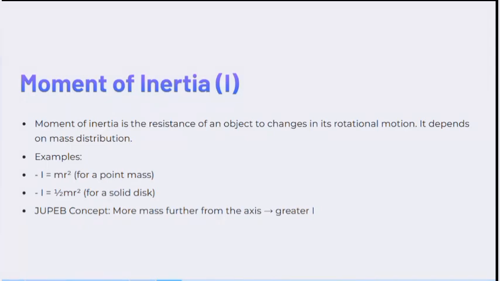So from what I have here, moment of inertia is the resistance of an object to change its rotational motion. Say you held a shoe by its lace, the shoe was laced up, and you started spinning it in the air.